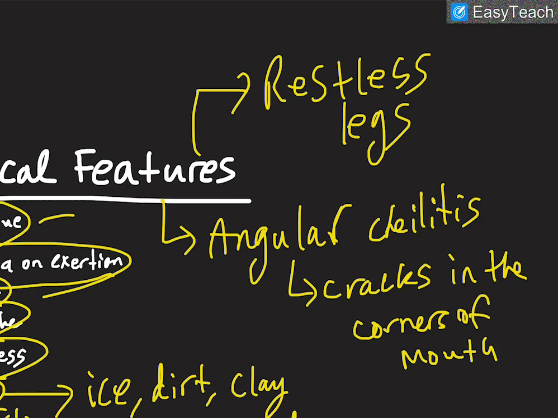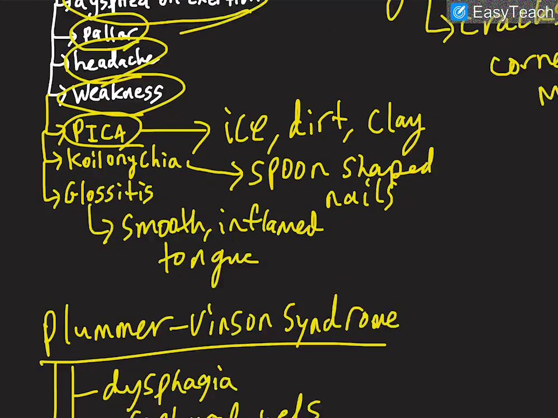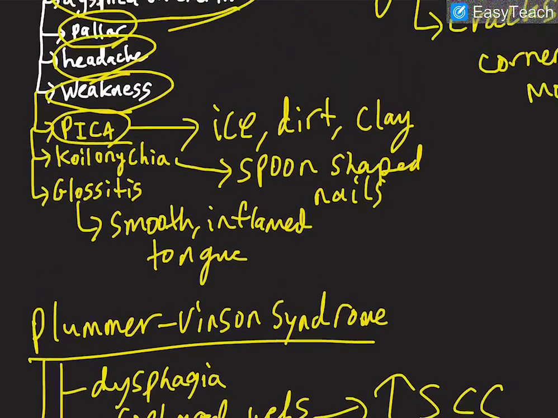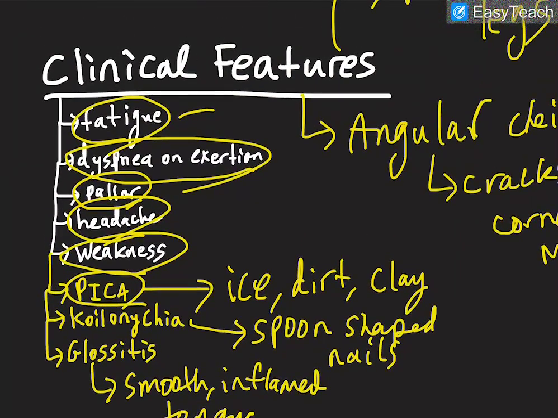If that happens, you can irritate the cells that make up your esophagus. So that's why esophageal webs increase your risk of squamous cell carcinoma of your esophagus. That's important to keep in mind too, but we'll talk about that when we do our GI playlist. So those are the main clinical features to know about iron deficiency anemia.